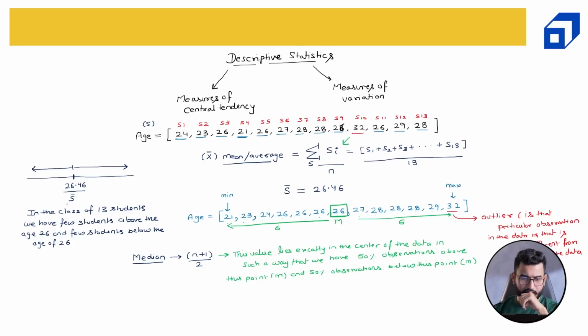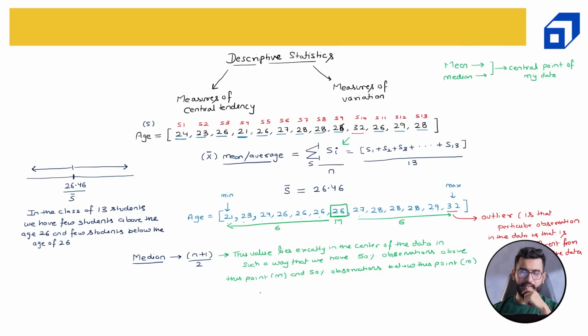Mean is also the center of the data, and median is also the center of the data. Both these metrics describe the central point of my data.